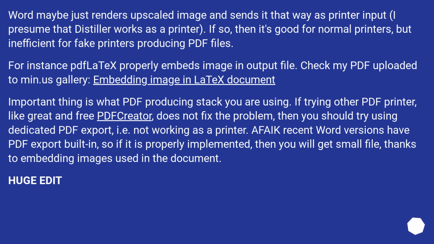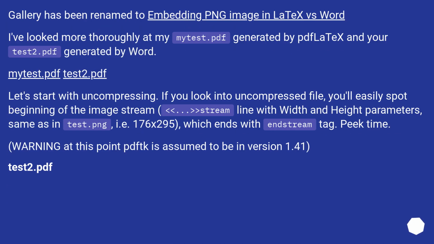Huge edit. The gallery has been renamed to embedding PNG image in LaTeX versus Word. I've looked more thoroughly at my Midas.pdf, generated by pdfLaTeX, and your test2.pdf, generated by Word. Let's start with uncompressing.